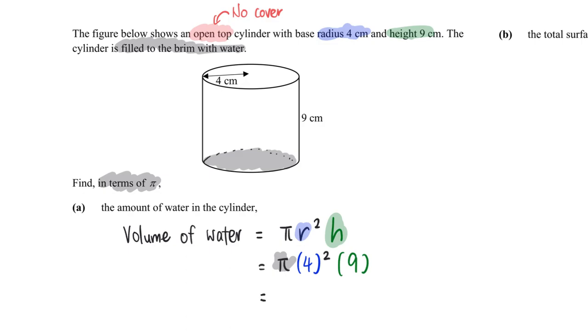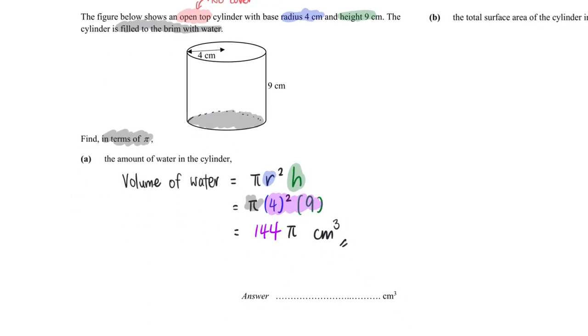Therefore, I would have 4 square times 9, which would be 144 pi cm cube. Alright, so that is for the first part of the question here.